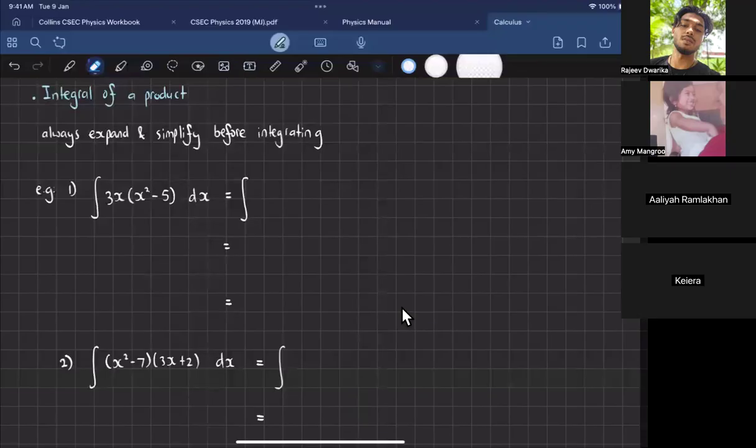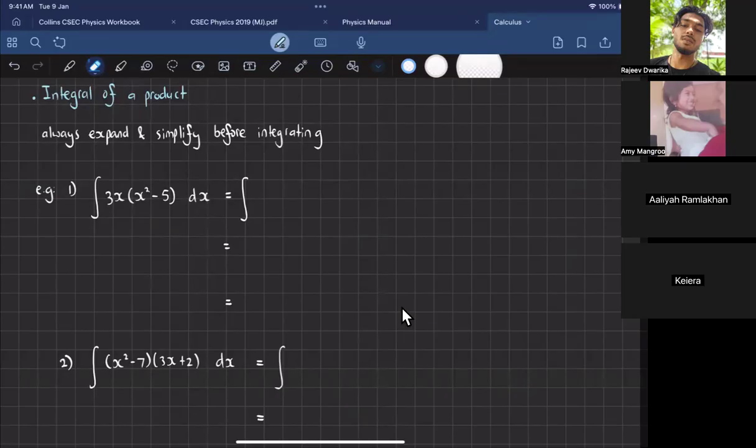But we're rotating it about the x-axis, so we use 0 and 4. So what did you get for the equation for y? I got 2x minus x squared plus 8. That's correct. And then integrating that within the limits 4 and 0, right? Cool.